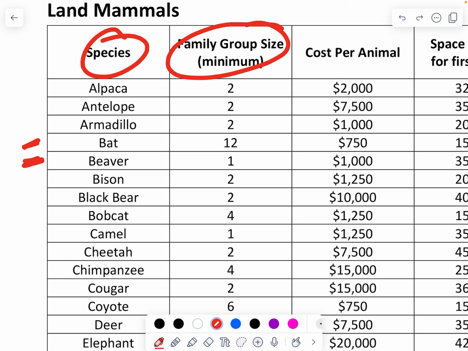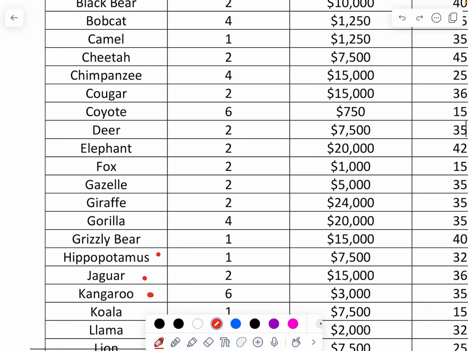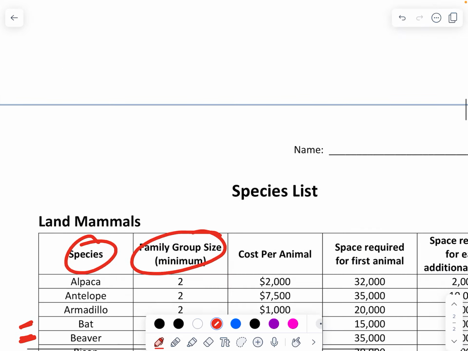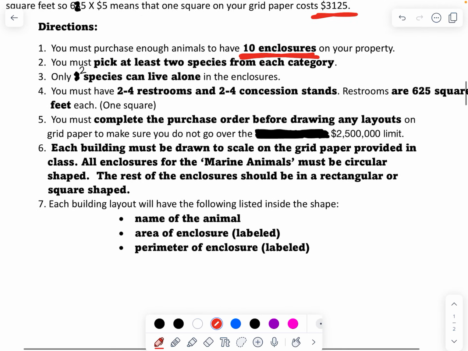Okay, and the beaver, same thing. You can buy 10 of them, but 1 is the minimum. So you can only have 2 animals that live by themselves. So like the beaver, the camel, the grizzly bear, the hippopotamus, all of those you can buy just 1 if you want, but you can only buy 2 of those animals that can live on their own.